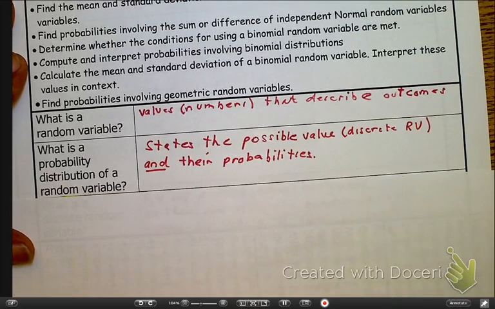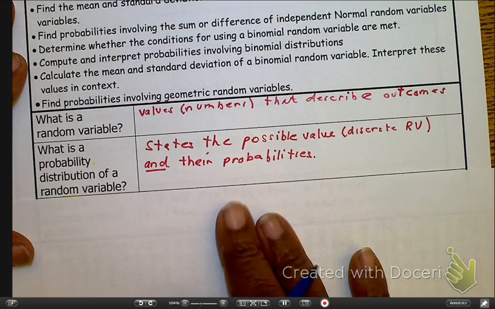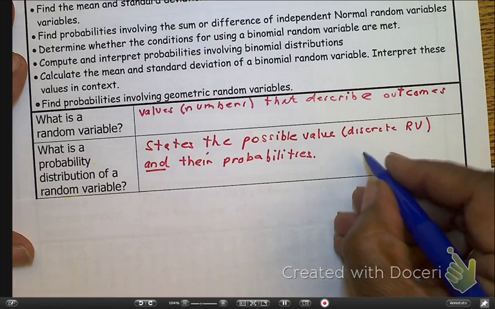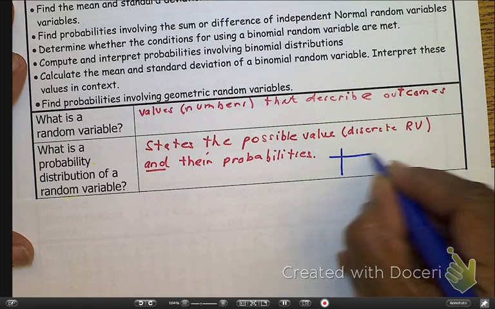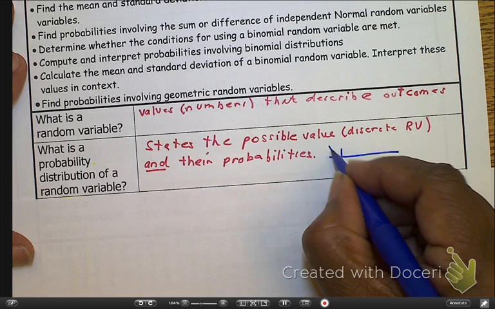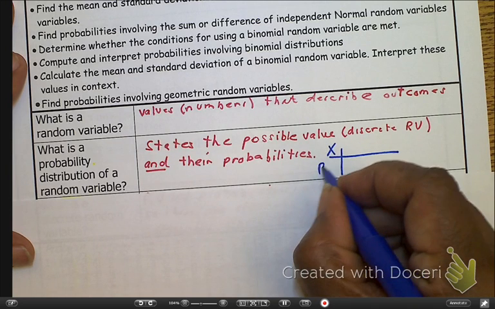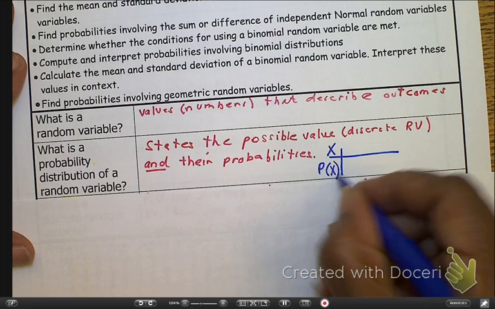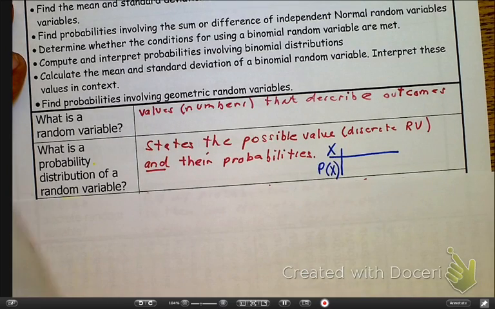So here, let's continue going through our notes. What is a probability distribution? Here, it states the possible values of discrete random variables along with their probabilities. So in other words, if I have a random variable x, I'm going to find out the probability of x occurring. That's what it means.